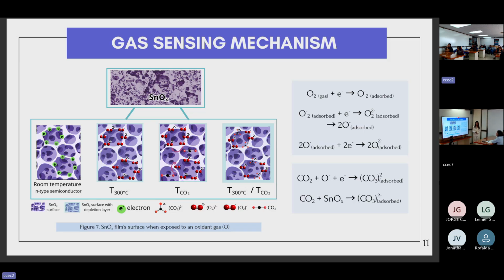It abandons the electrons, so then it would drop the electrons to introduce the carbon dioxide sensors, and also the oxygen of the gas. We have the electron, and then the oxygen is absorbed, and then they form a surface with depletion layers that improve our gas sensing properties.